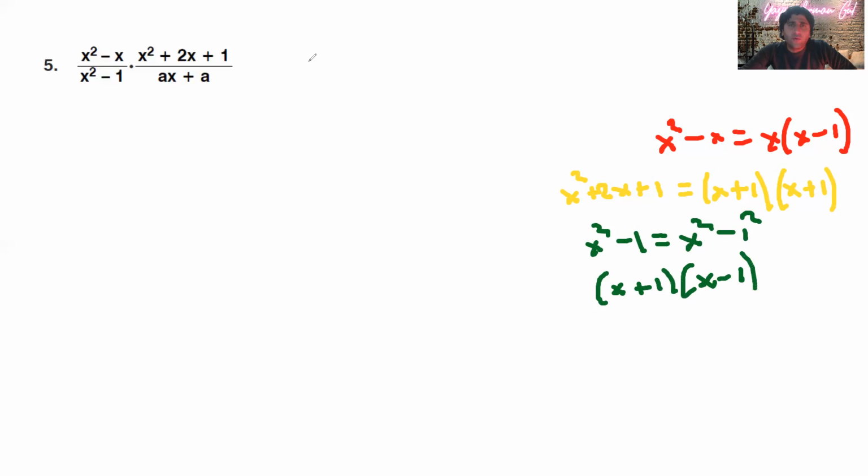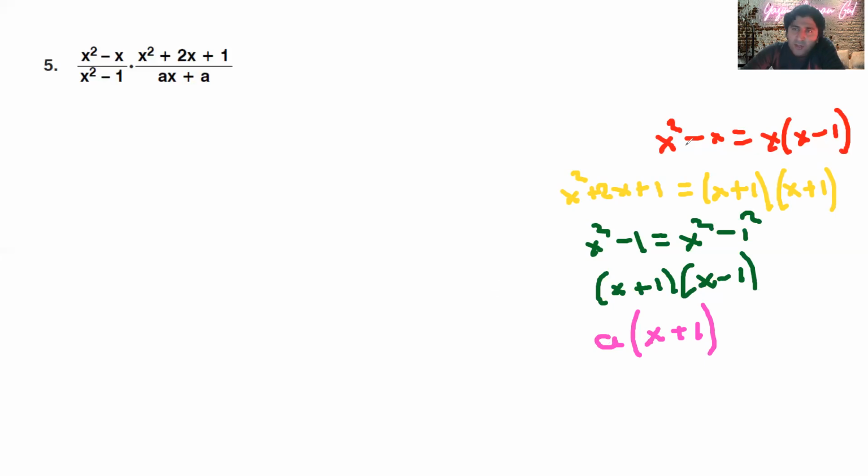Right. The last thing we have here is ax plus a. What is common there? A. So this is going to be a times x plus 1, because a times x will be ax, a times 1 will be a.